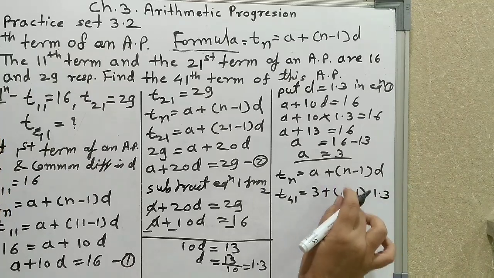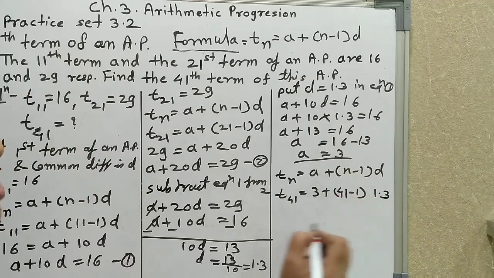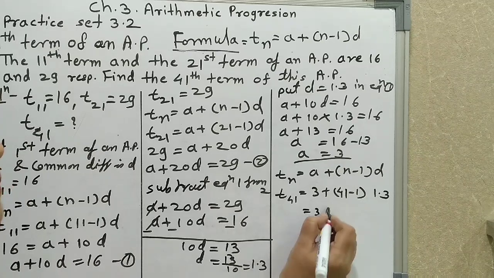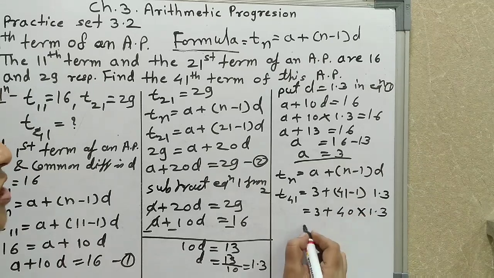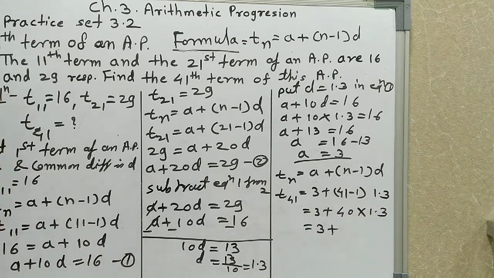Here the value of n becomes 41. So 3 plus (41 minus 1), 40, into 1.3. So 3 plus 40 into 1.3, that is 52, and 52 plus 3 is 55. So the 41st term becomes 55.